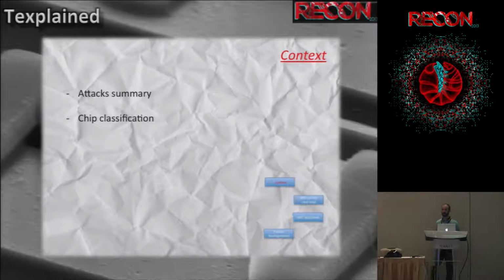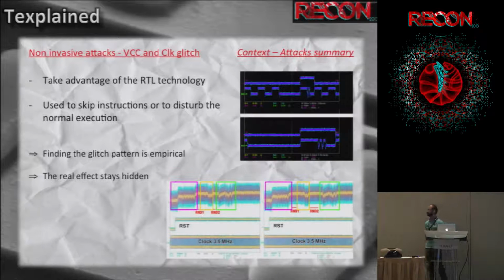I mean, these are still techniques that are used today, but they come from the past. At the really beginning, the only thing you could do to the chip was non-invasive techniques, because you didn't have access to the chip itself. So the only way you could do something is by just playing with the signal going to the chip. Most of it is the clock or VCC signal that you are changing in order to make the chip do something that is not the normal execution.